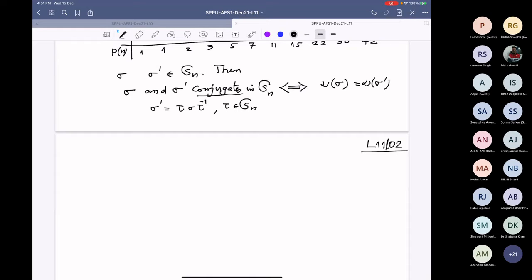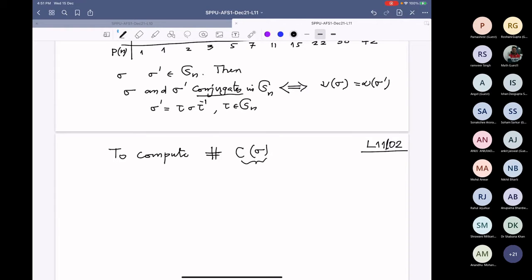Now, I want to compute the cardinality of the conjugacy class. So that is my aim. To compute the cardinality of the conjugacy class, I think we were denoting it like this.